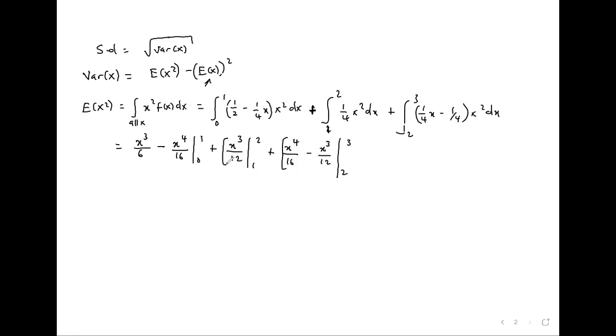So you take 1 over 6 minus 1 over 16 plus 8 over 12 minus 1 over 12, plus 81 over 16 minus 27 over 12 minus 16 over 16 plus 8 over 12.